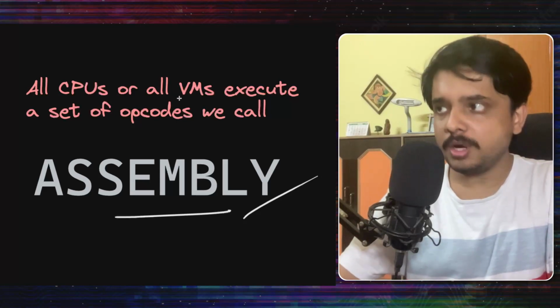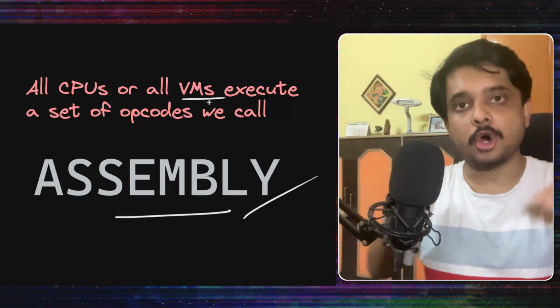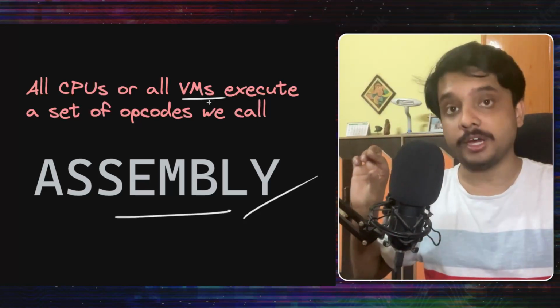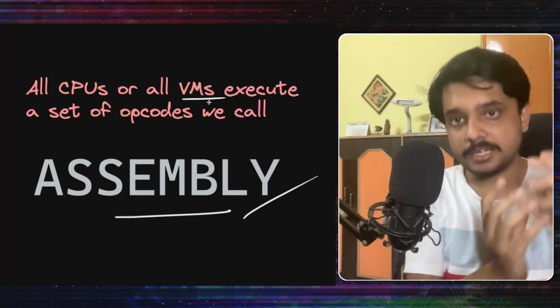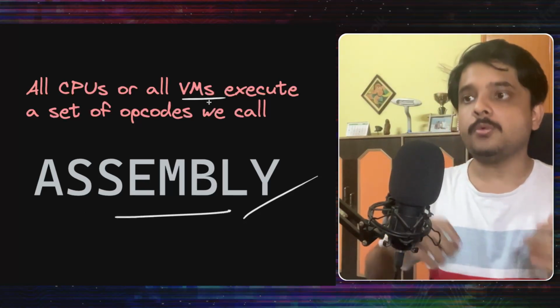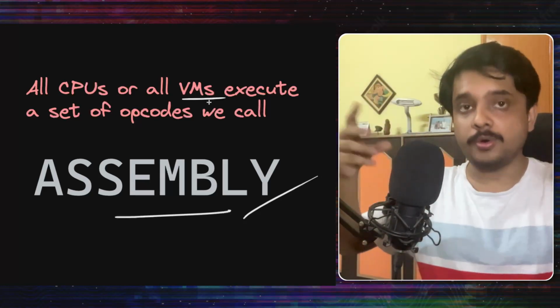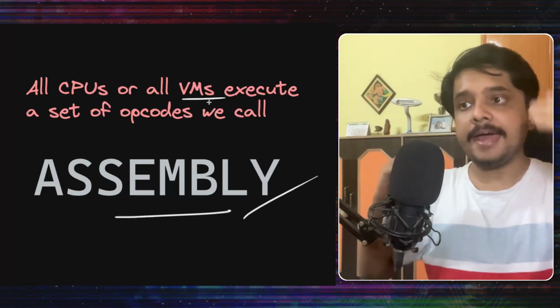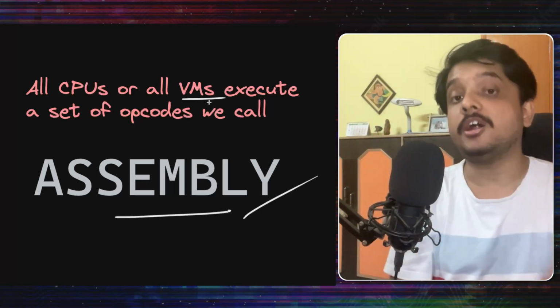Now, what a virtual machine does is it can execute these instructions or these opcodes in a layer of software, right? When you are executing all these things natively on the CPU, there is a piece of hardware, your CPU, which is executing all these instructions. But a virtual machine will sit on top of your OS. It will be a layer of software and it will execute the instructions the same way your hardware does, right?